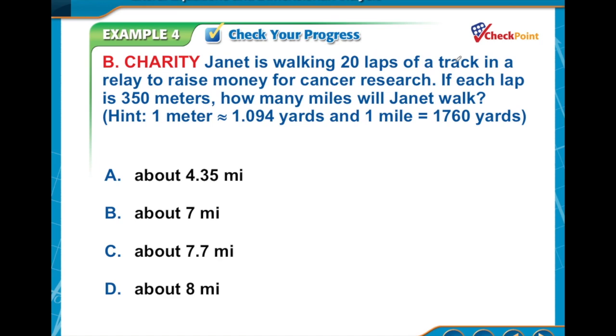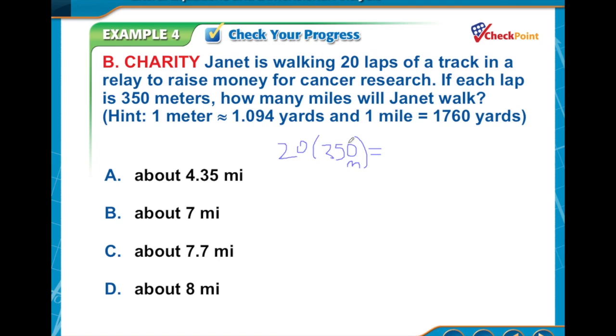So let's start with what we know. She's doing 20 laps on a track. Each lap is 350 meters. So 20 times 350 is going to give me the total number of meters. So 20 laps, we don't need to put the units, it's just 20 times this many meters.